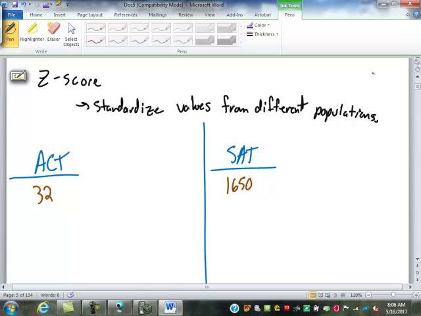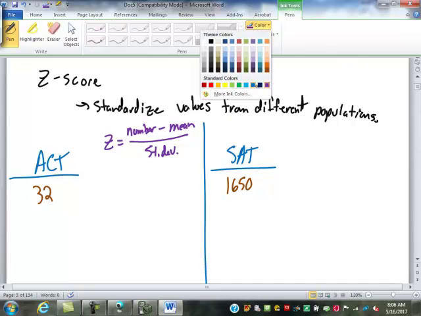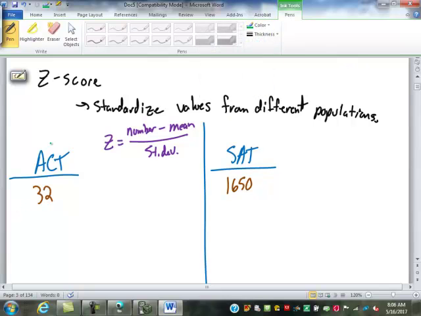Well, to know, we're going to use a Z-score. The Z-score is the number minus the mean for its population divided by the standard deviation for its population. So let's say that for all people who took the ACT, the mean score is 18, and the standard deviation is 5.